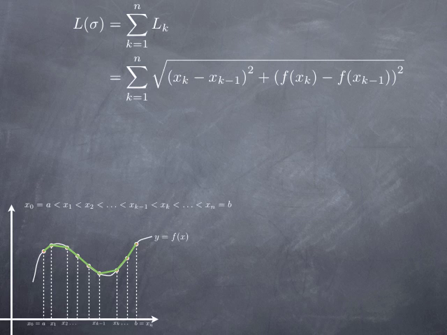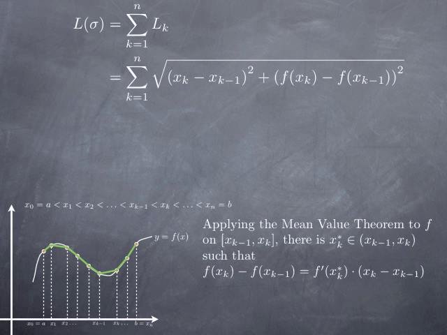Now we want to rewrite this expression differently, and to do that we're going to apply the mean value theorem to the function f on the interval from x_{k-1} to x_k, on this particular kth subinterval.